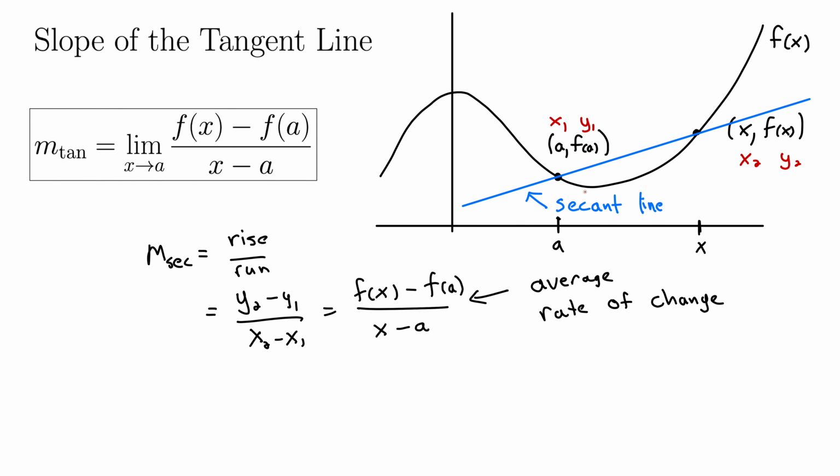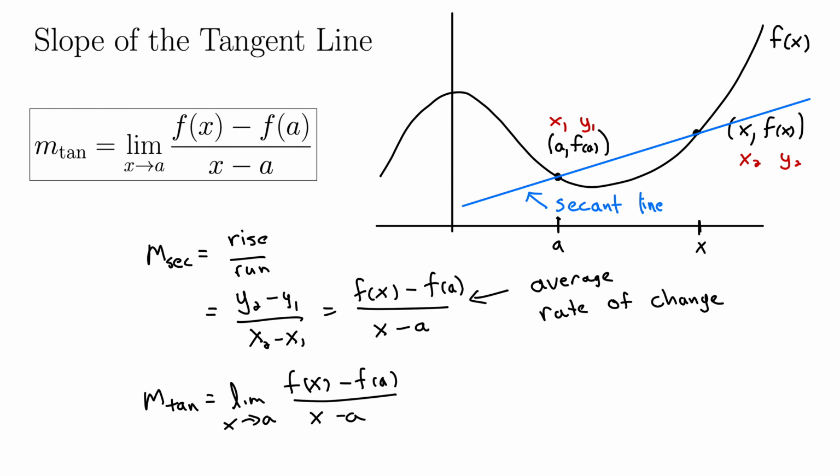How do we move something closer and closer? We have a tool for that: the limit. So the slope of the tangent line, which is what we've been looking for, is the limit as x goes to a of the slope of that secant line, f of x minus f of a all over x minus a.